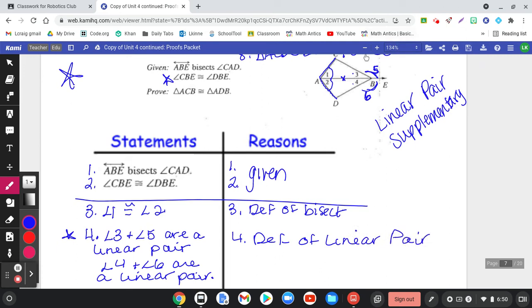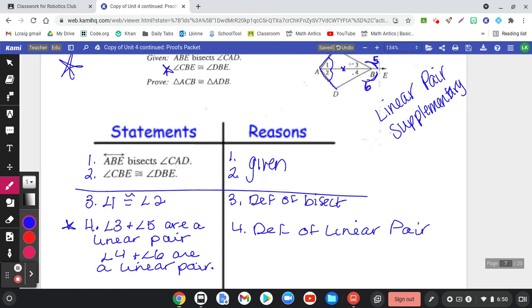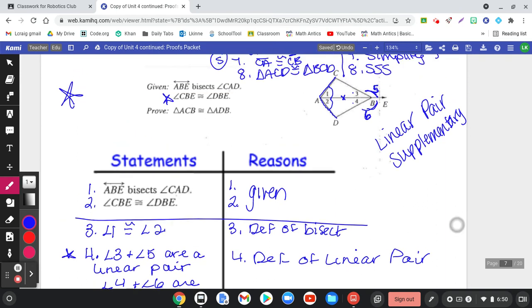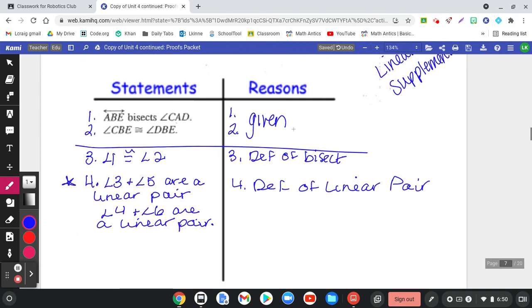Okay, so again, up on the top, 3 and 5 are a linear pair because they form a straight line, and 6 and 4 are a linear pair. So now that's kind of a freebie if you see two angles that are supplementary. So now we can say angle 3 is congruent to angle 4, and we'll have our angle that we need.